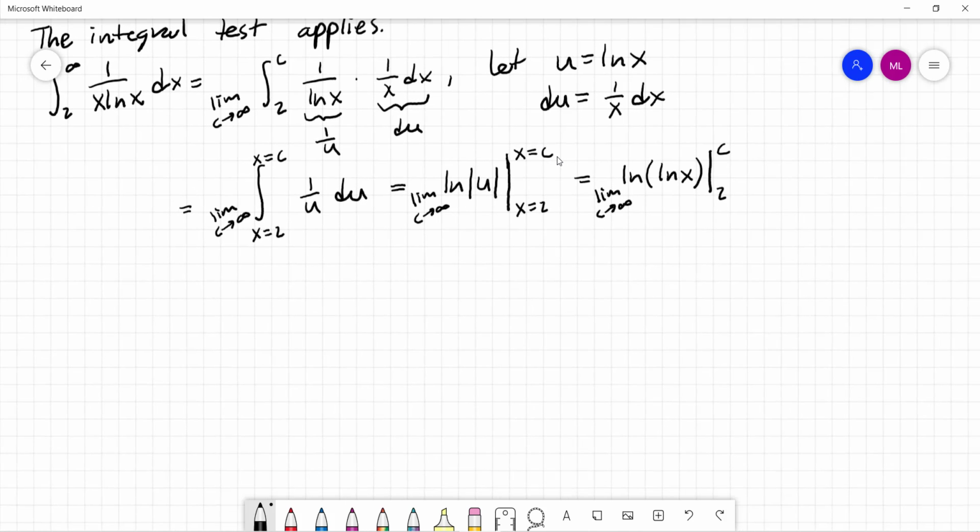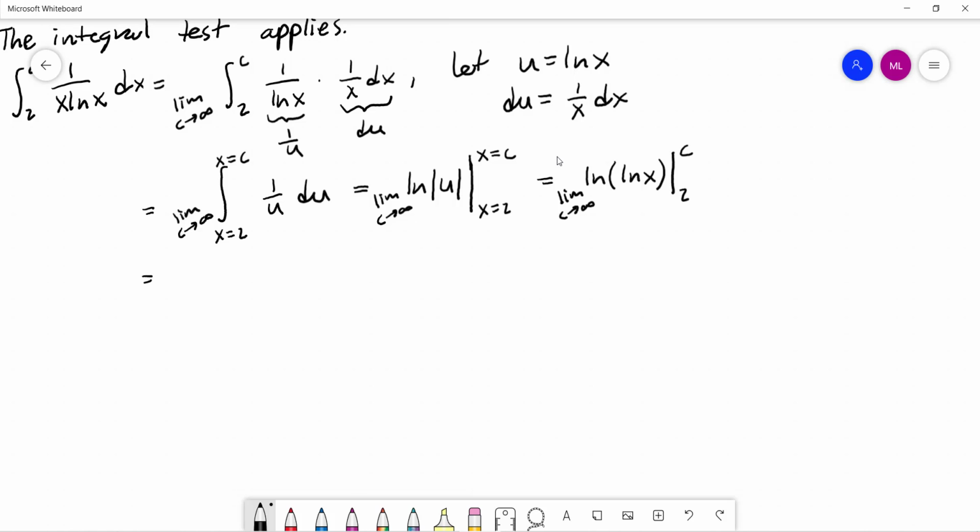Okay, finally, now we can actually evaluate that. So I'm going to have the log of c minus the log of 2, and we're taking the limit as c goes to infinity. And what do we get from this? Well, the log of 2 is just going to be some constant. Don't even care what it is, but it's some constant. And what about this?